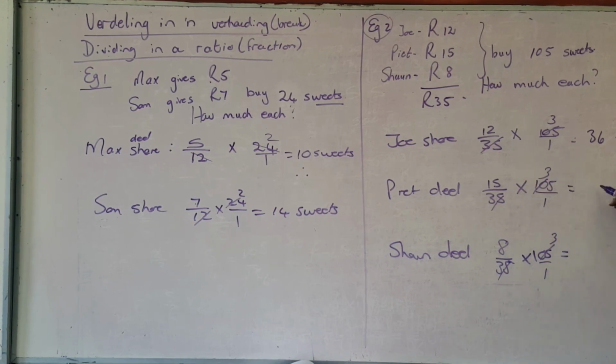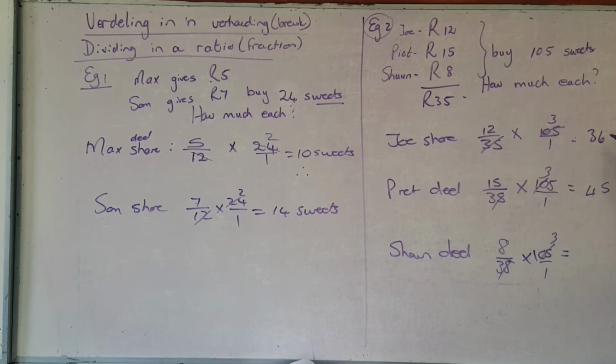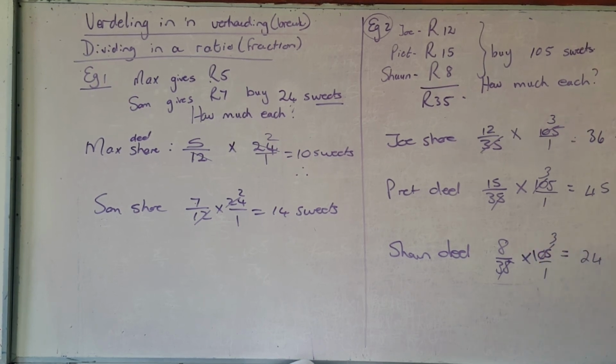Now 15 maal by 3 gee vir jou 45, and then you can add them up and tell me how many sweets that is, which would be 81, and what's left of the sweets, or you can just say 24. So 81 subtracted would give you 24. You could do the sum and get 24. Alternative, alternative, alternative. Daar's nooit net een manier om 'n som te doen nie.